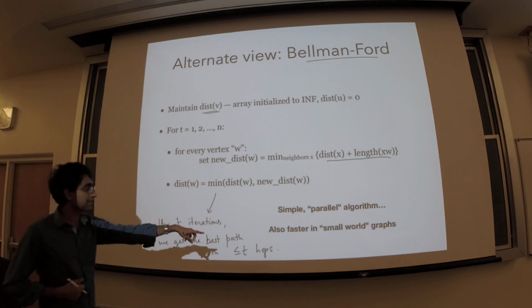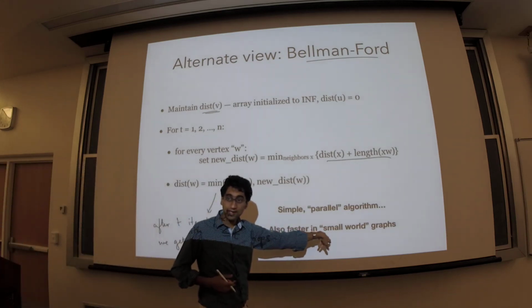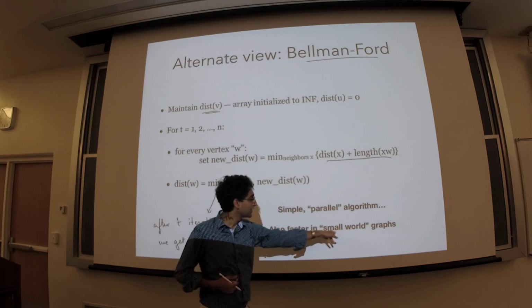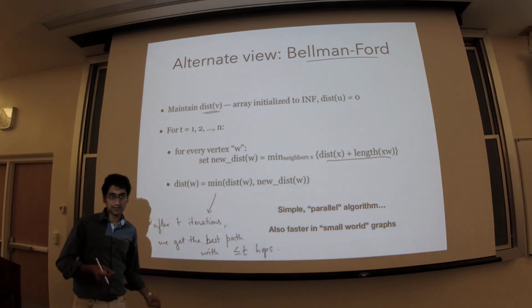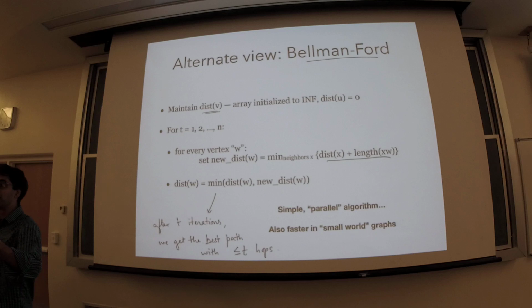The other nice thing is that many real life graphs are what are called small world graphs, which means that the shortest path from u to v will only have like 5 hops or something like that. So how many of you have heard of this small world phenomenon? Okay, so let's say you take some huge social network like Facebook.